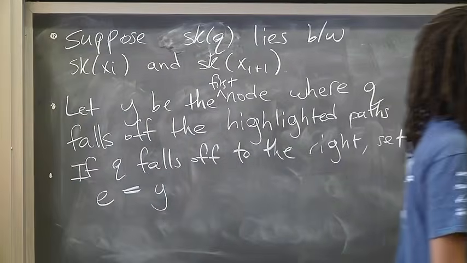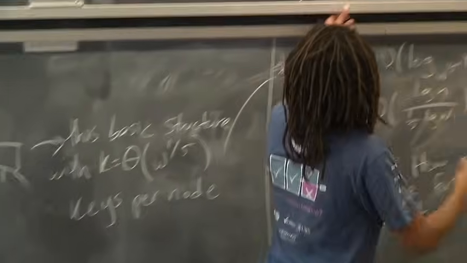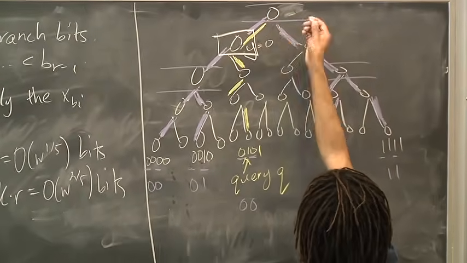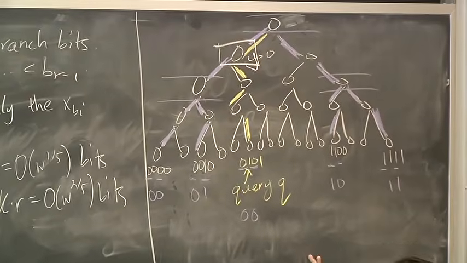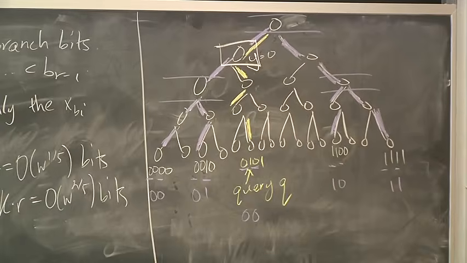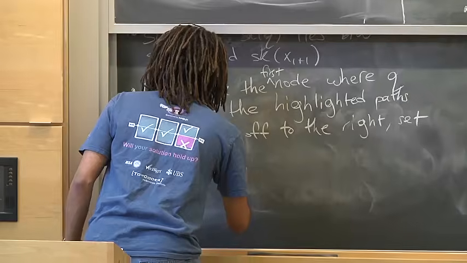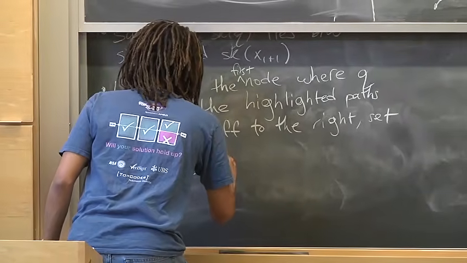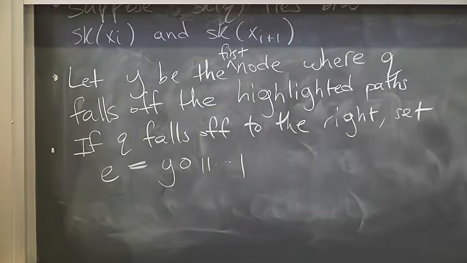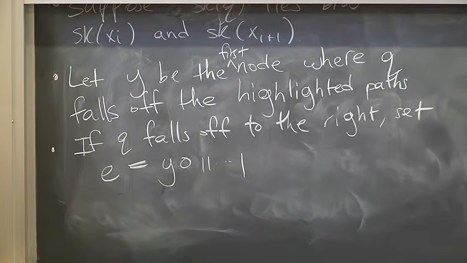By y, I mean, look at the bit string, the prefix that's defined by this node. So here y is just 0, because we went left once. This node would be 0, 1, for example. We'll let E be y followed by 0 followed by a bunch of 1s.